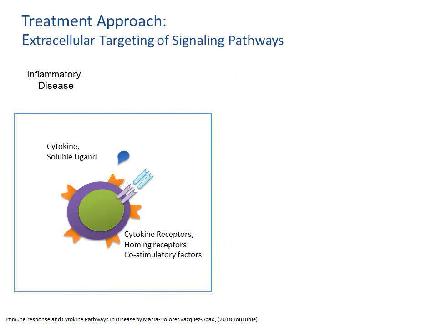How is it that cytokines signal and create this complex system of communicating between cells? So what I have put in here is a generic cell that has receptors. These receptors could be receptors to soluble ligands or cytokines, or they could be receptors for homing or co-stimulatory factors. So whatever the receptor is on the cell, these receptors have the characteristic of having three domains.